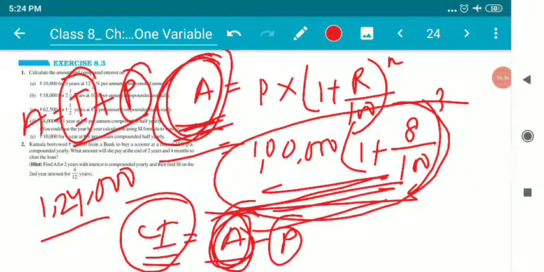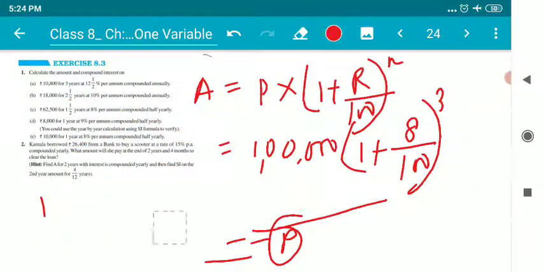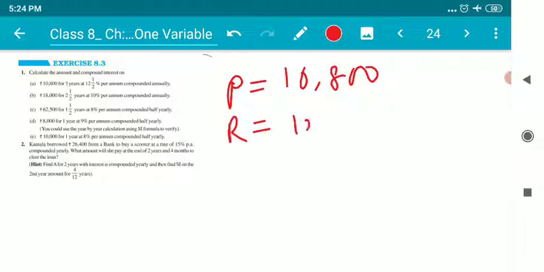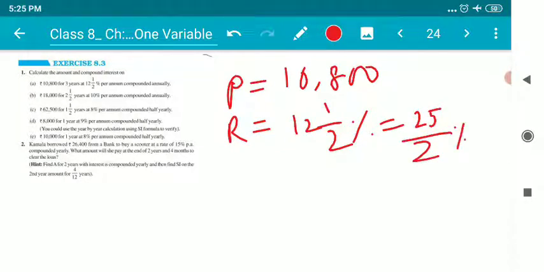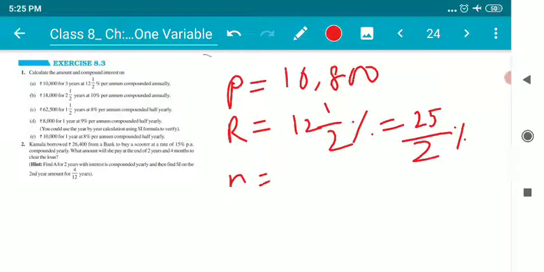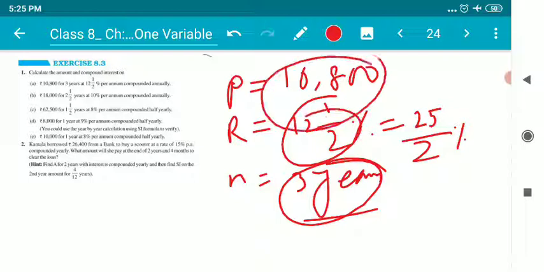So children, the first question uses a similar process. The principal was 10,800, the rate of interest was 12 1 by 2%, which means 25 by 2%, and time is written by n. N means time, which is 3 years.